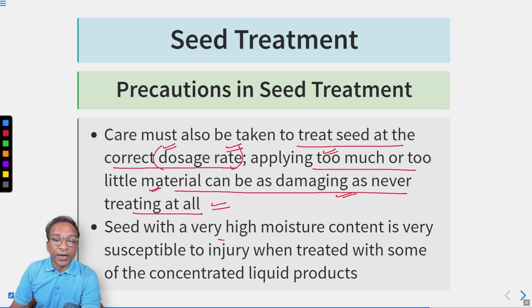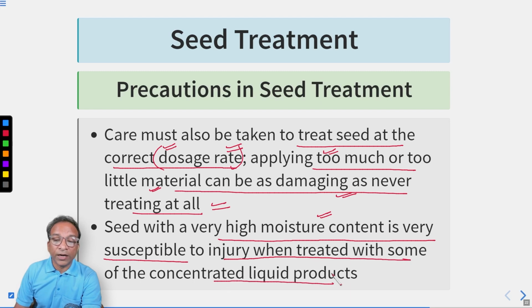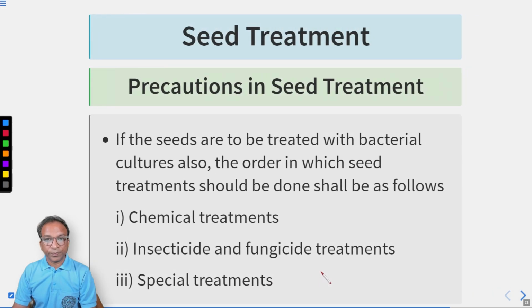Seed with very high moisture content is very susceptible to injury. If the seeds have a lot of moisture, they can be easily affected by disease or pathogens, and injured when treated with some of the concentrated liquid products.